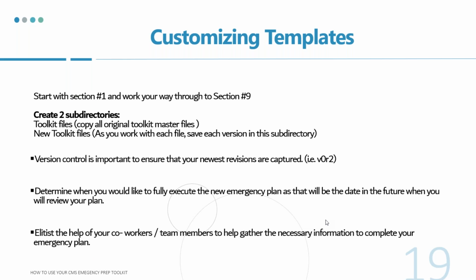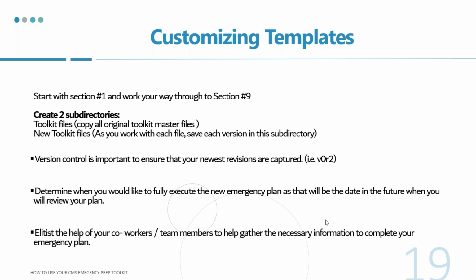So if I did a draft, it would be the second revision of my draft. Once it's no longer a draft and it's the final document, it becomes version 1. That's the system we use.